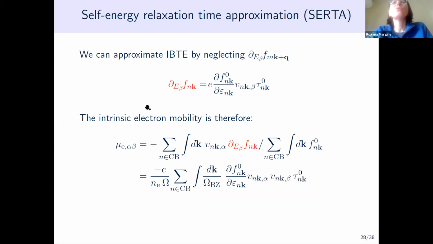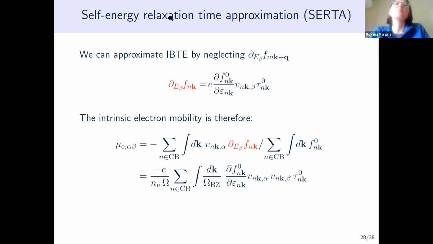I should also mention that we are calling this the self-energy relaxation time approximation because the term on the right-hand side depends on the relaxation time, which is proportional to the electron-phonon self-energy.